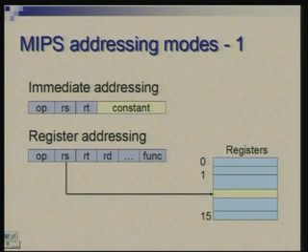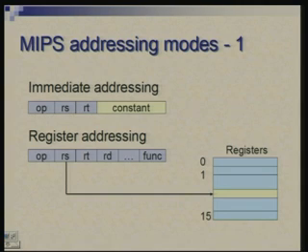I mentioned that there is no subtract immediate, AND immediate, OR immediate, SLT immediate. Okay. So, all these instructions can work with constant operands which are provided as part of the instruction. In the case of MIPS, these constants are 16 bits uniformly.